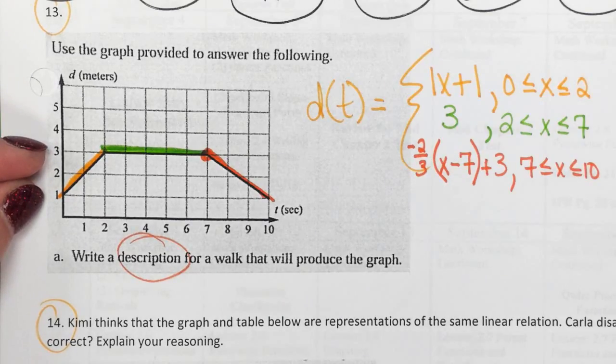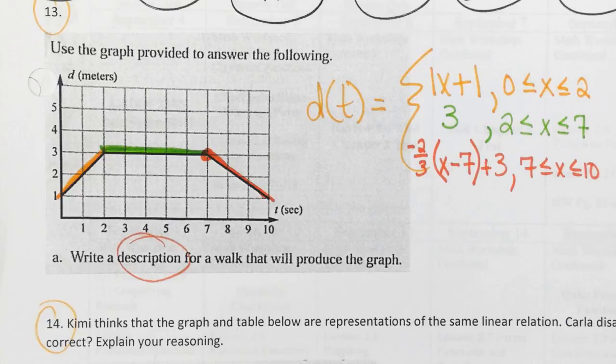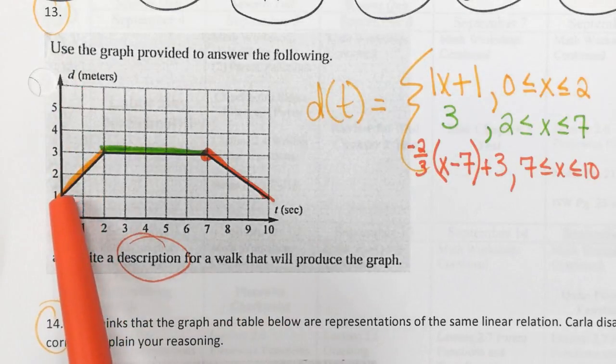In how many seconds? In 2 seconds. So she ran, or she rode her bike, or she walked, or she skipped. I don't really care what she did, but somehow she got 2 meters in 2 seconds, right? Y'all okay so far? Yeah, because it's from 1 to 3.